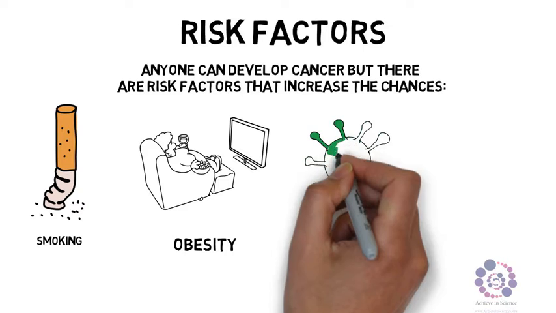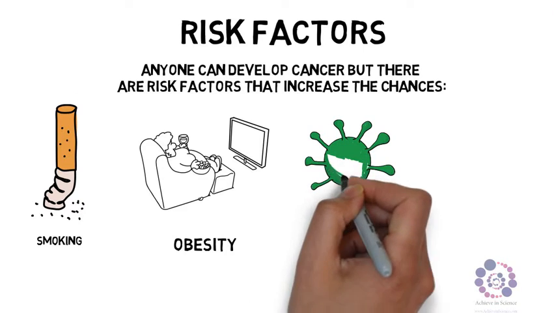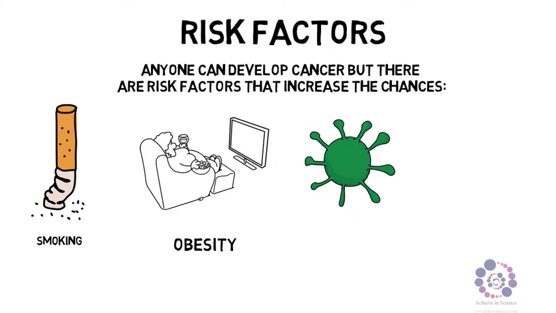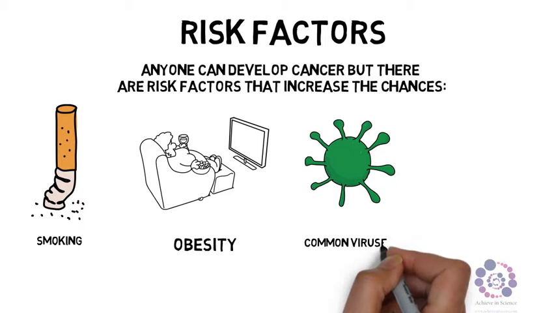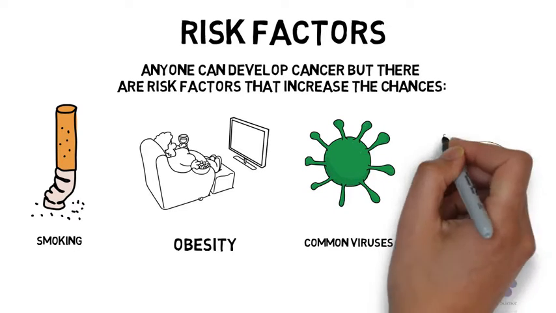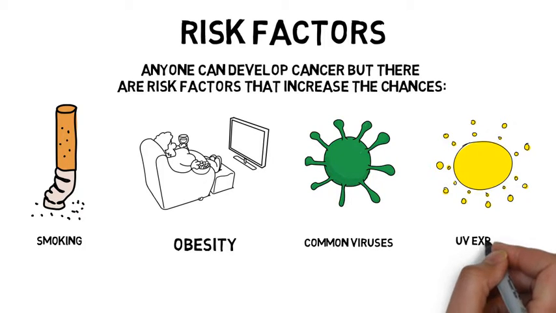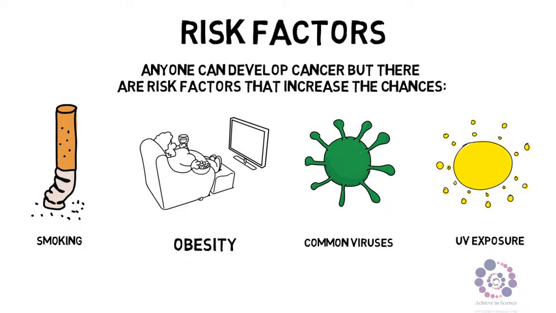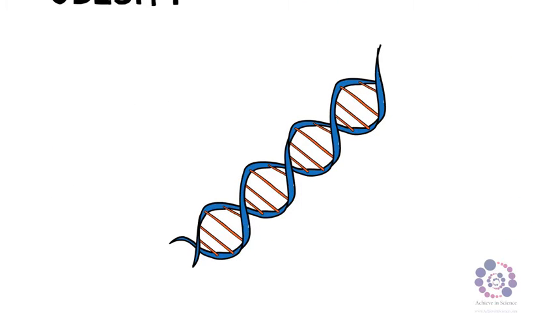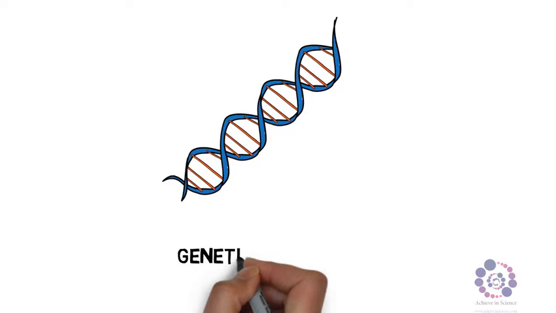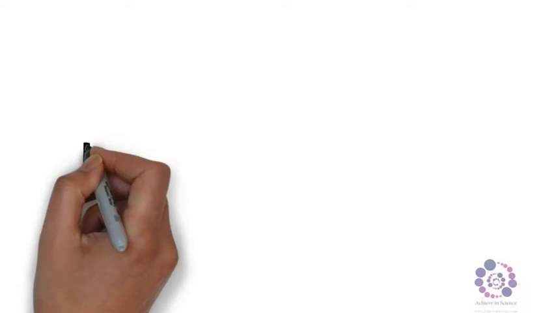Next, some viral diseases can actually increase your chances of developing a cancer. Overexposure to the sun, UV rays, maybe not wearing sunscreen. And then there are some genetic disorders, where they are passed down from parents to children, called genetic factors.